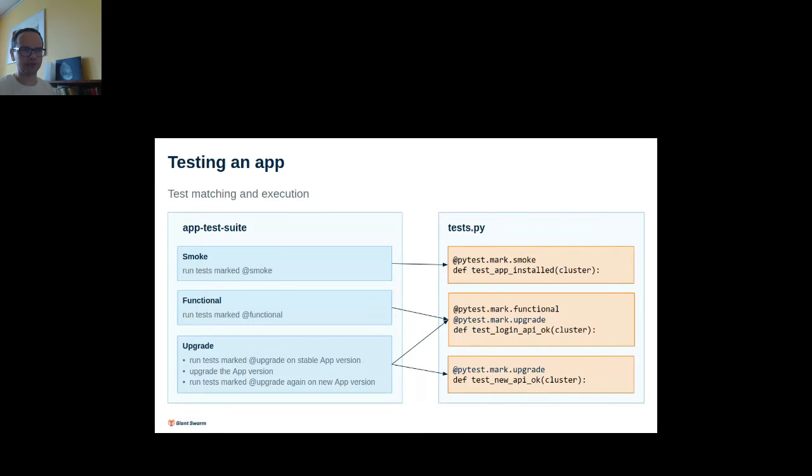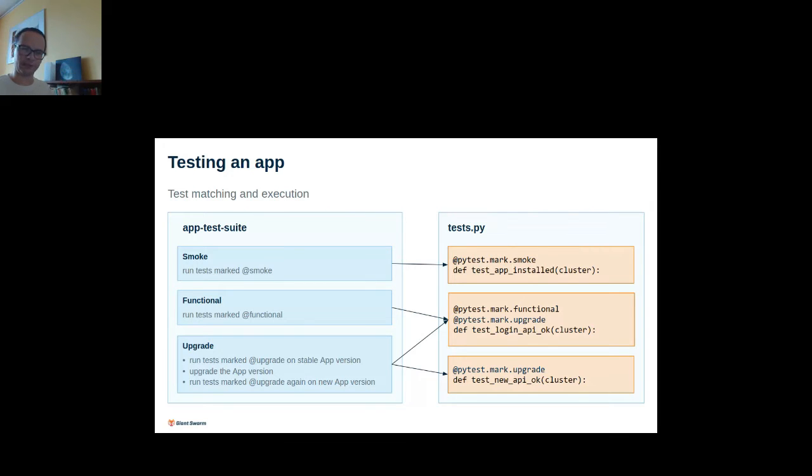A more graphical example. On the left side is the execution pipeline of the uptest suite tool. On the right side is a stub for a Python set of tests that an application developer needs to deliver in order to make it work. On the right side we have three test cases, three test methods. Each of them gets as an input information about the cluster that it runs on.